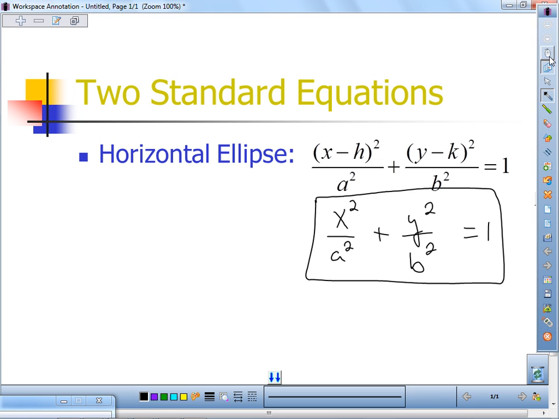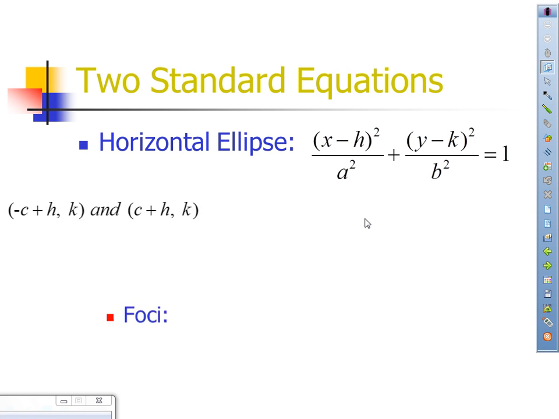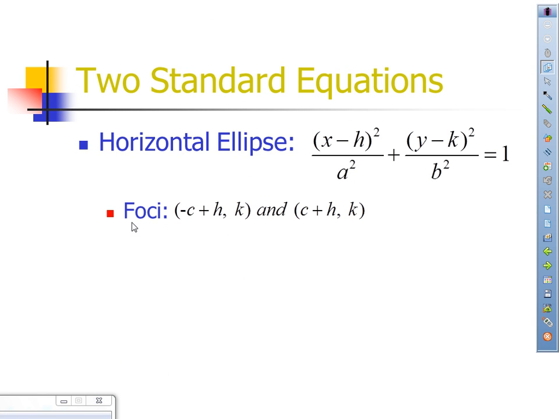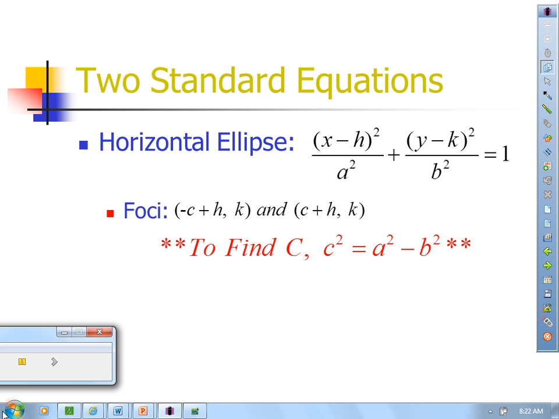Then our next thing is for this. I'm going to go ahead and simplify this. Again, we're going to be at the origin. We'll come back to that in a second.